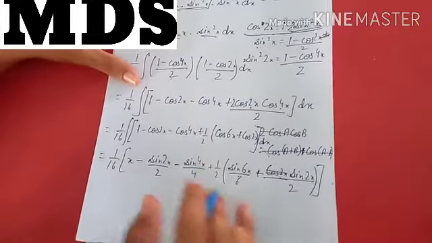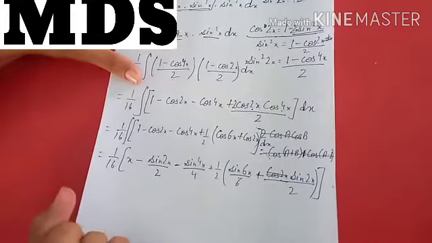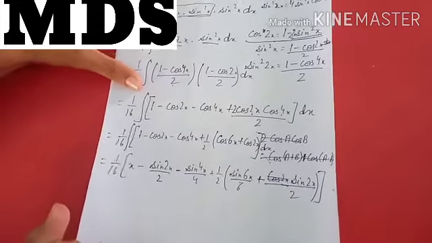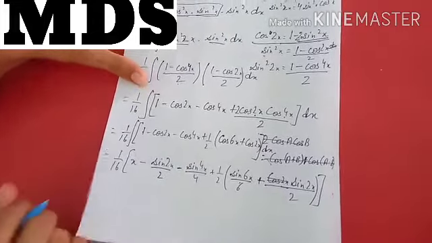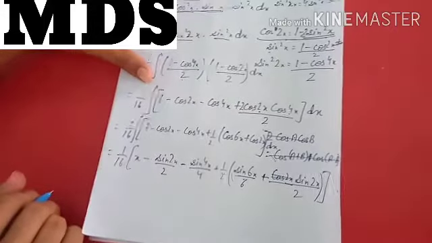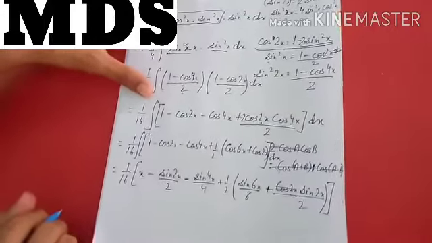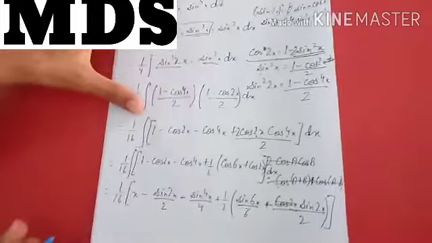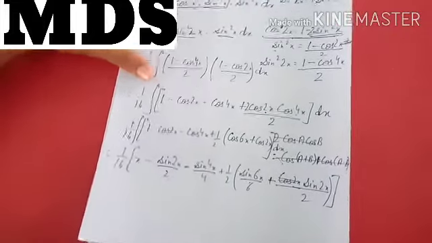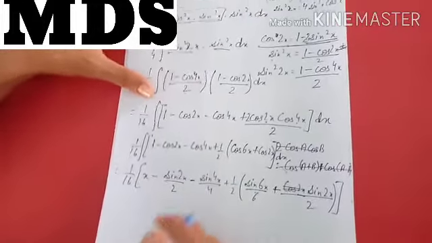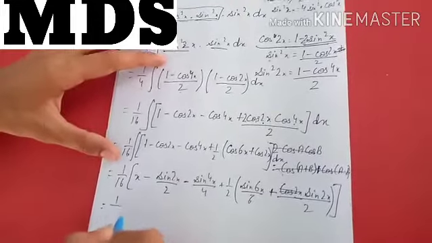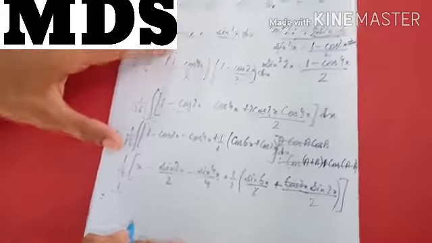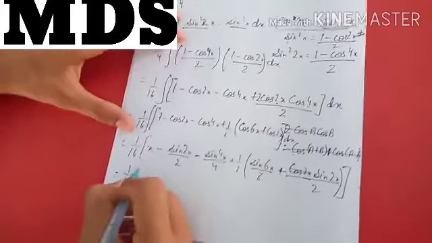Okay, then just first we will take LCM here. So it will be 1 by 16.